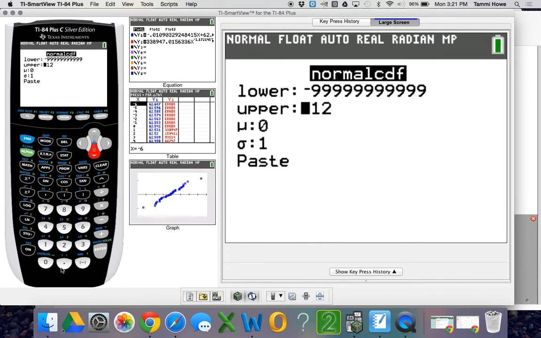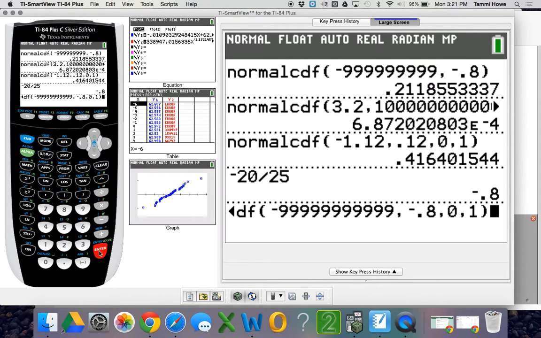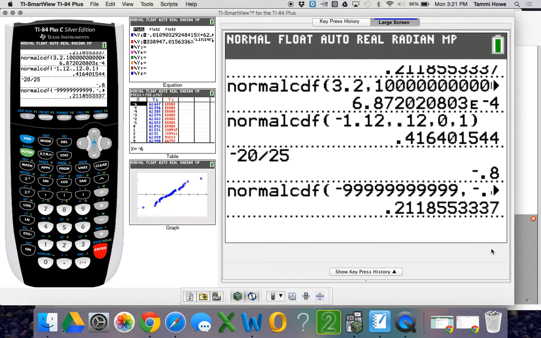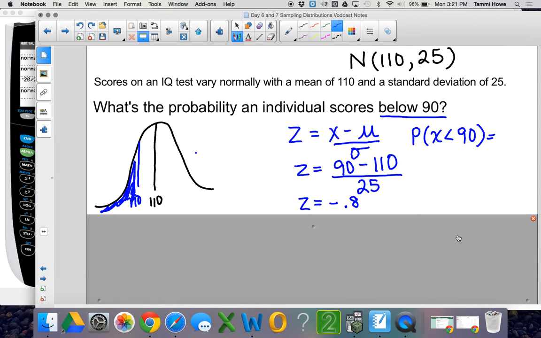I enter my z-score, and when I do that, I get 0.2119. So the answer to this is, what's the probability of individual scores below 90? Well, there's about a 21% chance that one score would be below 90.